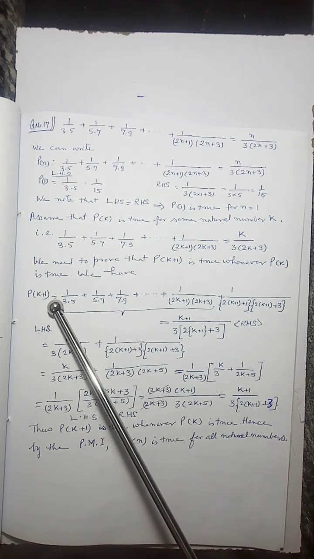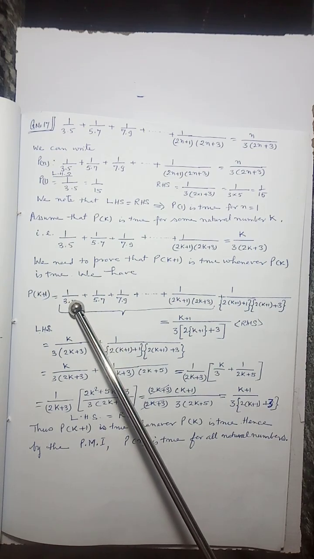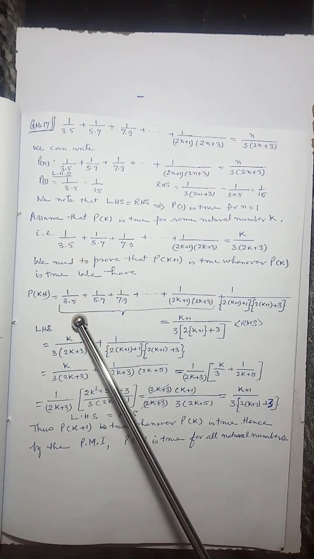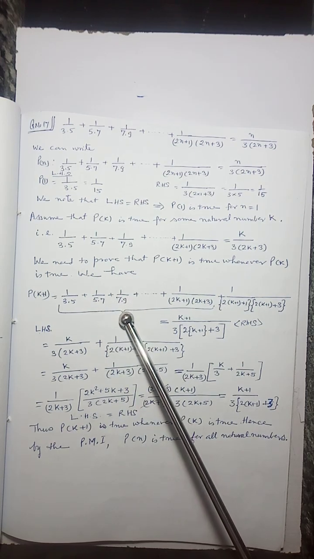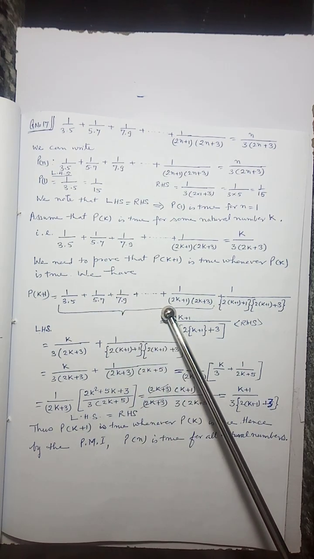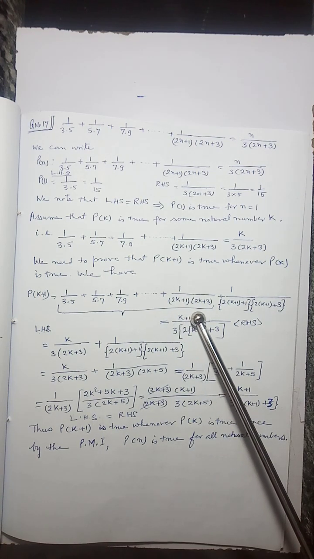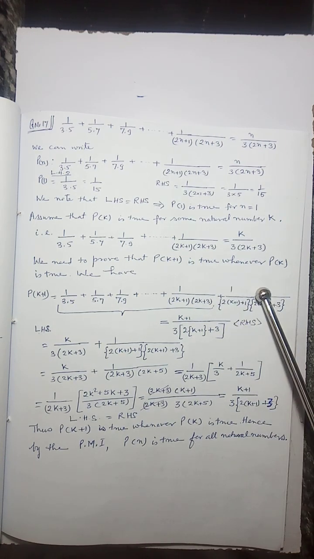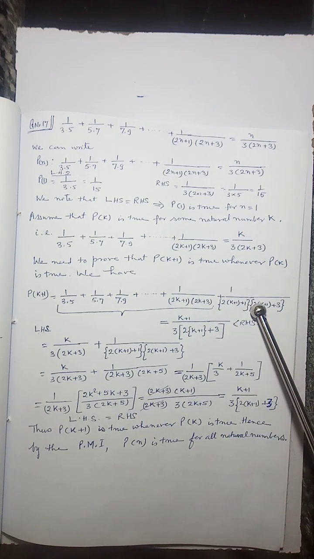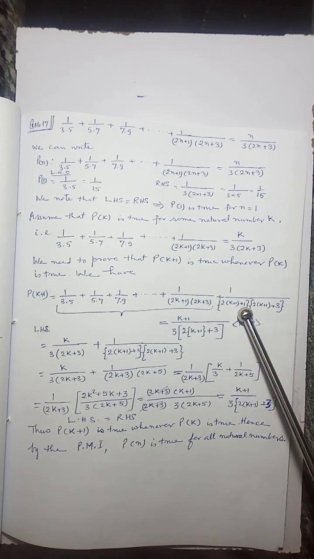We have the Pk plus 1, you see, just write down the same things. 1 upon 3 into 5 plus 1 upon 5 into 7 plus 1 upon 7 into 9 plus dash dash plus 1 upon 2k plus 1 into 2k plus 3, this much, and this is the new term which has been included for being k plus 1, meaning the k plus 1th term.